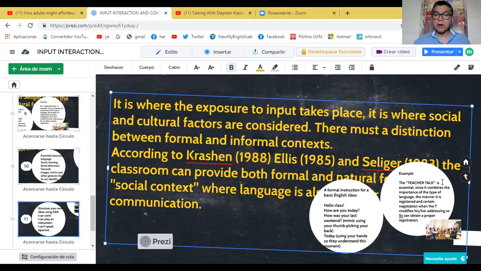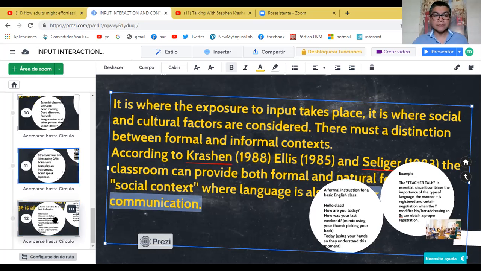The teacher talk is essential since it combines the importance of the type of language, the manner in which it is registered, and certain negotiation happens when the teacher modifies his or her addressing so students can obtain a proper registration. Over here, we can find a formal instruction for a basic English class.